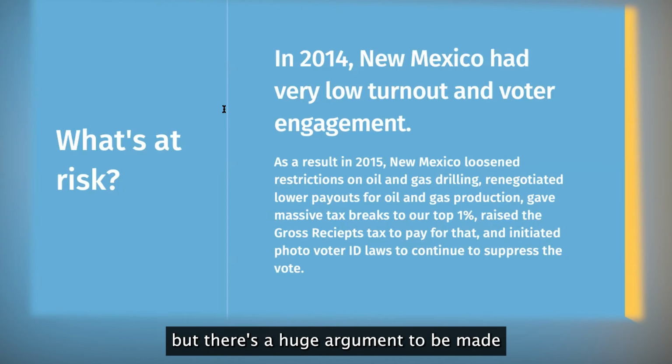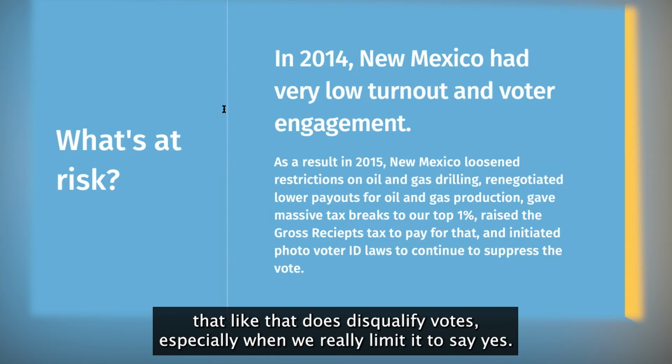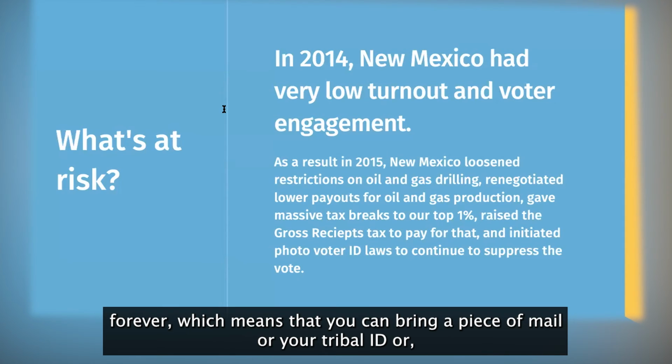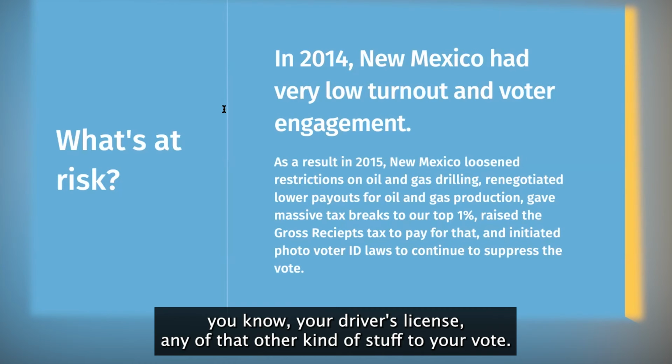But there's a huge argument to be made that that does disqualify votes, especially when we really limit it to say, yes, photo voter ID is a different thing from voter ID. Here in New Mexico, we've had voter ID forever, which means that you can bring a piece of mail or your tribal ID or your driver's license, any of that other kind of stuff to go vote.